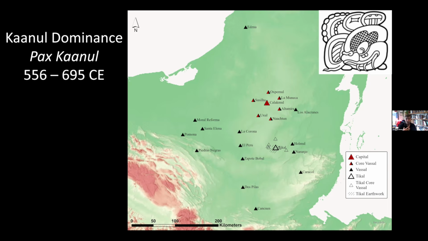Literally, Kanul kings are overseeing the installation of rulers all over the Maya area. That dynamic exists for a little over a century until we have a major war between Mutal and Kanul that results in a Kanul defeat. At that point, that network of polities under the hegemony of Kalakmul starts to break apart.